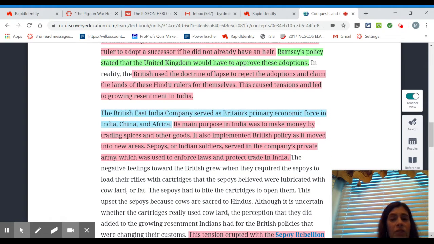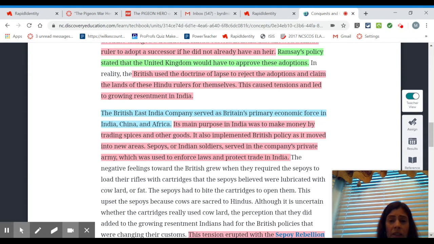So now going back to this British East India Company, its primary economic force, and again, we're looking at a lot of tea and those outposts along India. They also had established those in China and Africa. And so the main purpose was to make money by trading spices and goods. And along these outposts, there was danger.